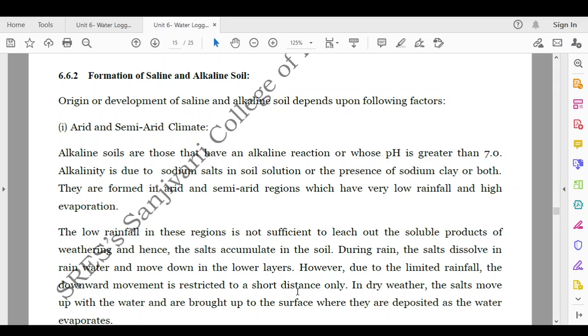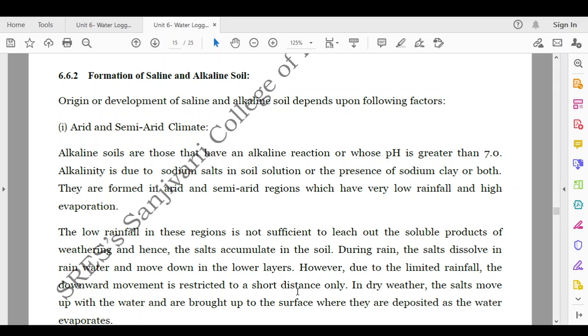They are formed in arid and semi-arid regions which have very low rainfall and high evaporation. The low rainfall in these regions is not sufficient to leach out the soluble products of weathering, and hence the salts accumulate in the soil.